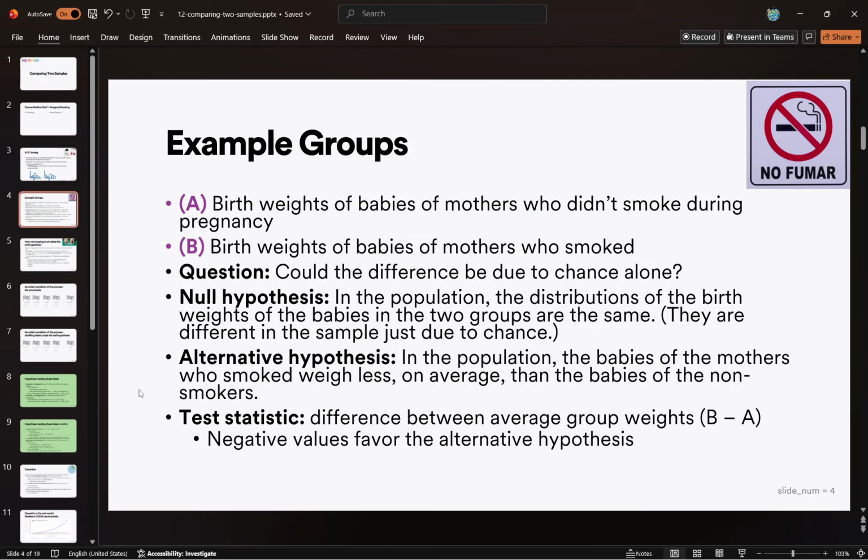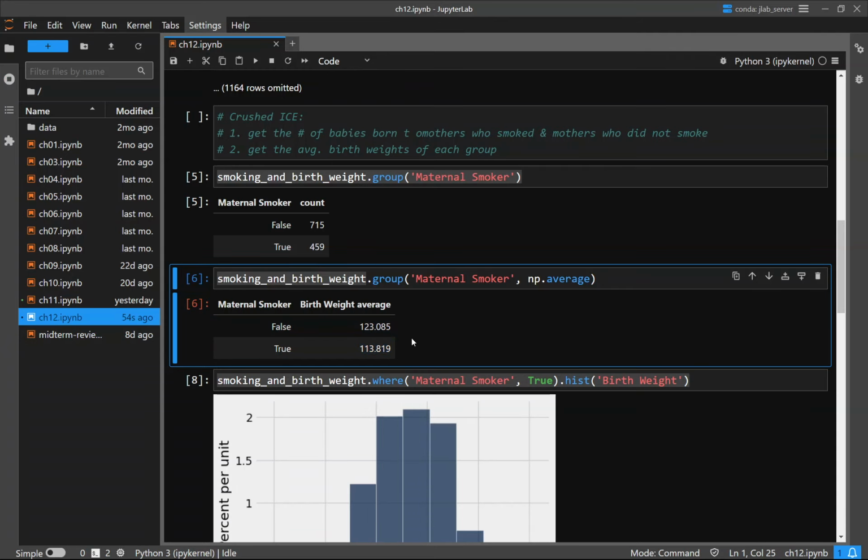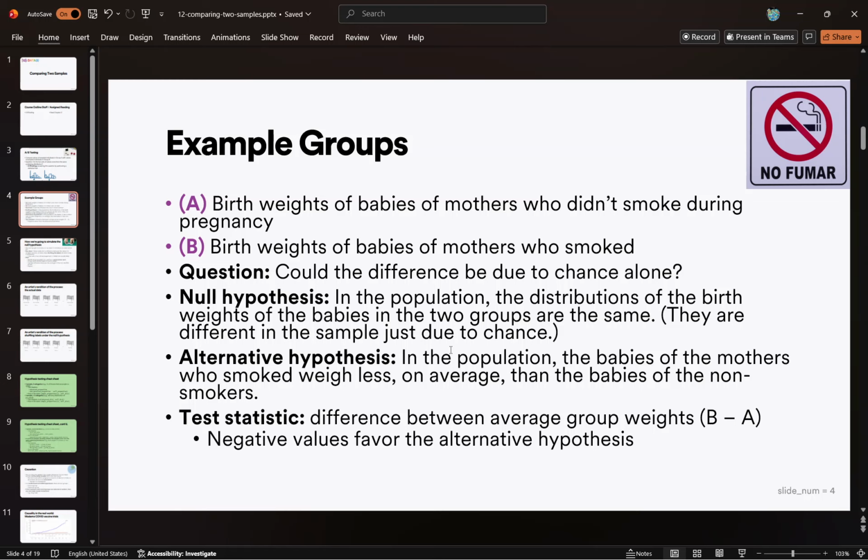What's the number that we're going to use to determine how close or how far away we were, especially between these distributions? I think a good statistic for our test is, as we're simulating babies, we can take their average birth weights for each of the groups. And the goal is, you subtract group B from group A with these groups in mind.